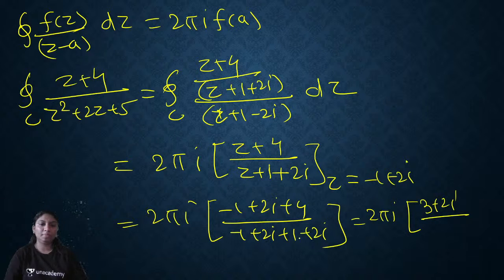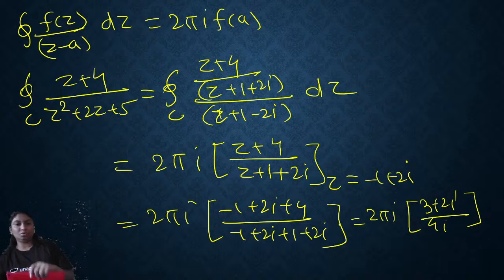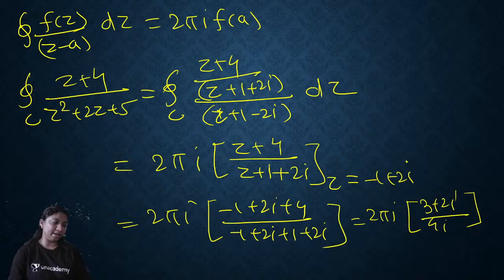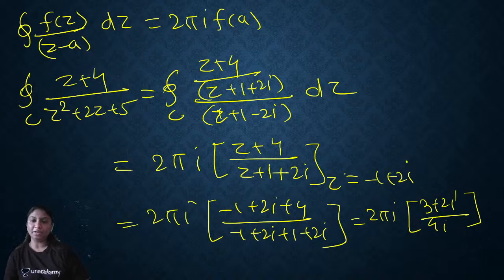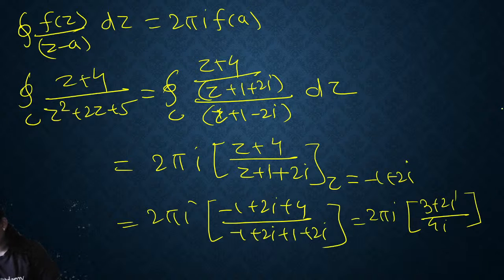So you will get 2 pi i into (3 plus 2i) upon 4i, since the 1 and plus 1 cancel out. The i cancels out, so you will get pi into (3 plus 2i) by 2 as the final answer, I hope.